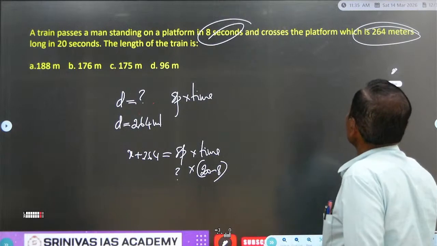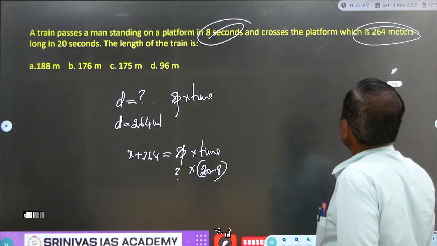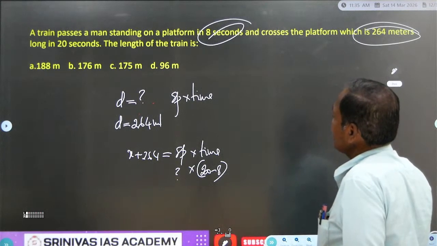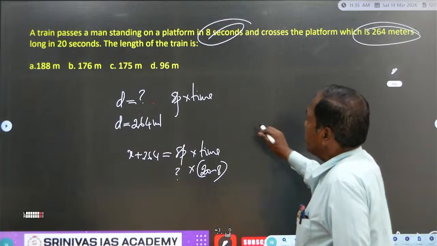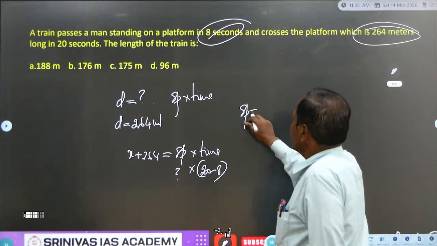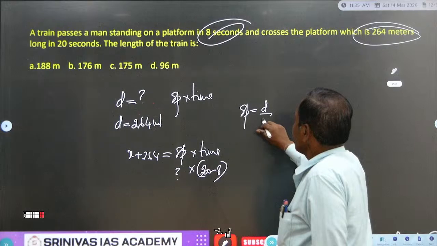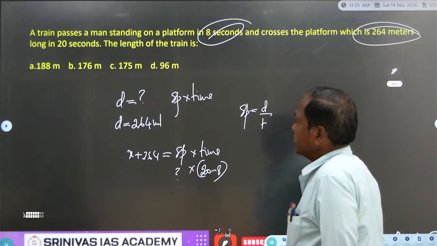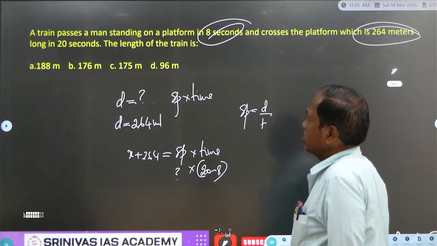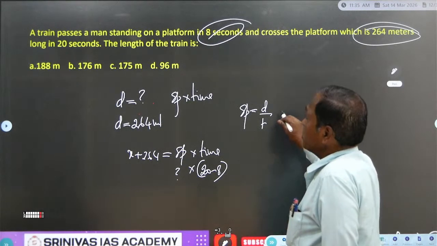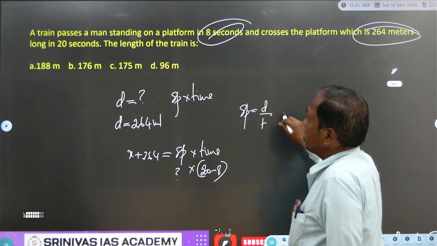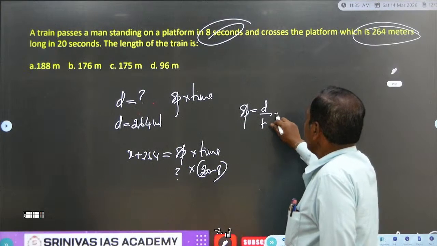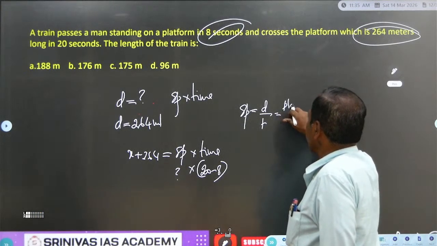What do we need to do now? We need to know the speed of the train. In the speed formula, speed equals distance by time. Platform distance, and the other time. Yes, 264 by 20. The distance of the train we don't know, so let us take the length of the platform.